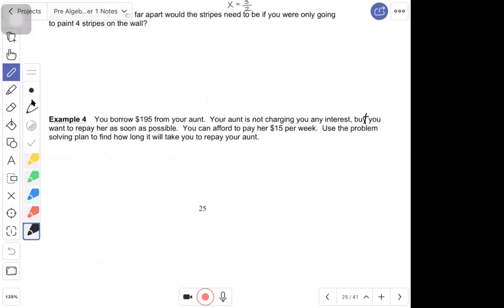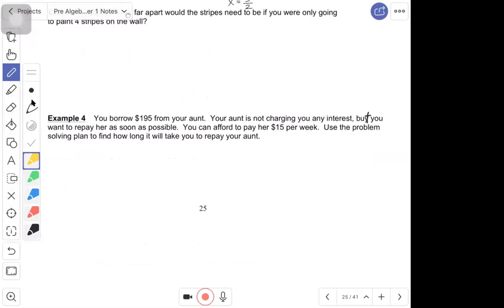All right, so let's reread this. You borrow $195 from your aunt. So we're borrowing $195. She's not charging you any interest, but you want to repay her as soon as possible. Very nice of them. You can afford to pay her $15 per week.